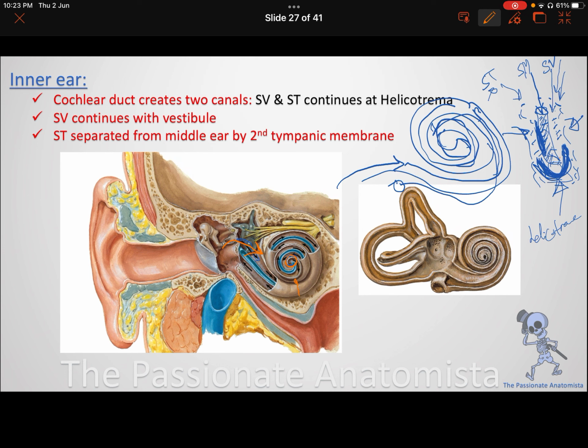All right, so scala vestibuli is continuous with the vestibule. That's why we call it as such. The scala tympani takes you all the way to the round window, and it's covered by a secondary tympanic membrane because we want to close off the cavity, but we want some flexible support. Because it's a tympanic membrane, we call it scala tympani.